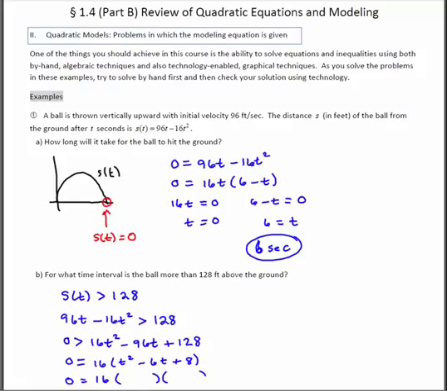And I think I can factor that one. T squared has to be t times t. A sum of negative 6 and a product of positive 8 would be negative 2 and negative 4. So my test points are t equals 2 and t equals 4. Let's check on those.